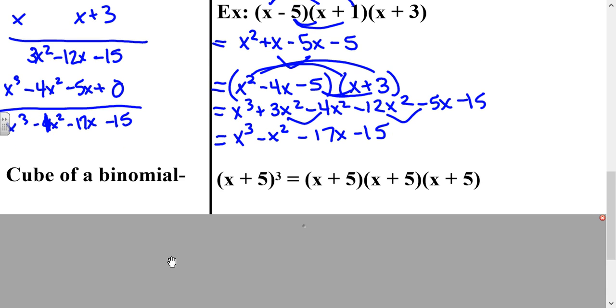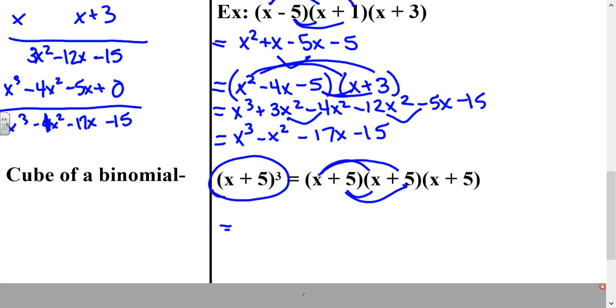Now the cube of a binomial. If I have x plus 5 cubed, when I cube something, that means I'm really multiplying it by itself 3 times. So that would be like x plus 5 times x plus 5 times x plus 5. So you're going to do this in the same way that we did the last problem. You're going to go ahead and multiply the first 2 together like this.